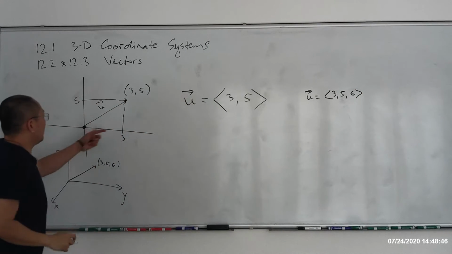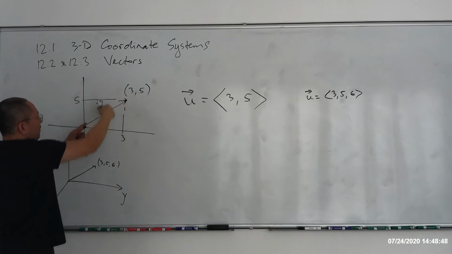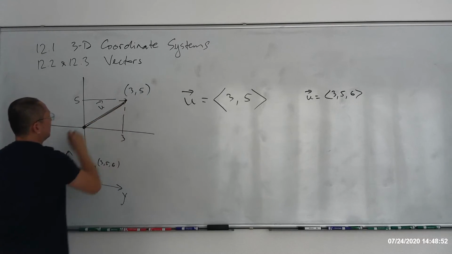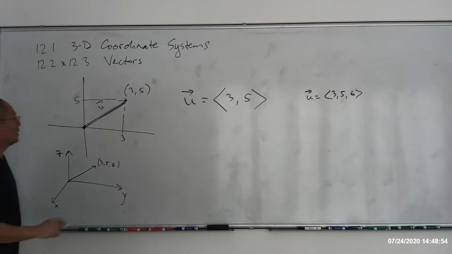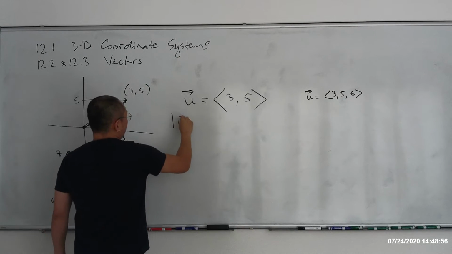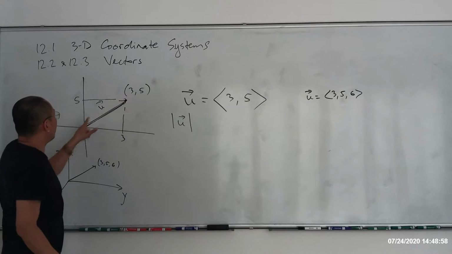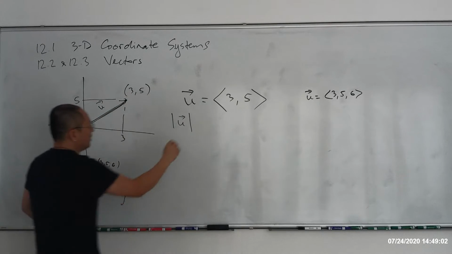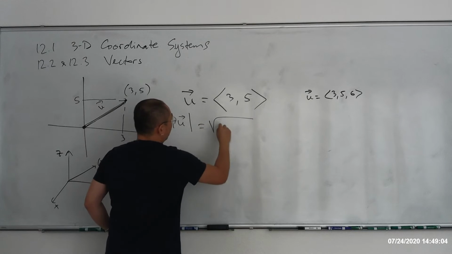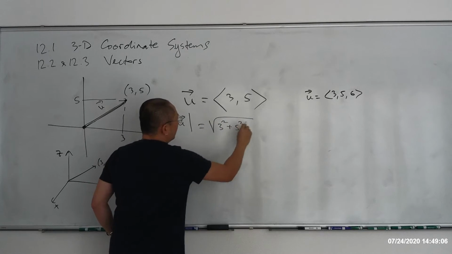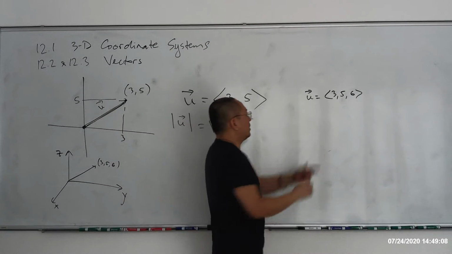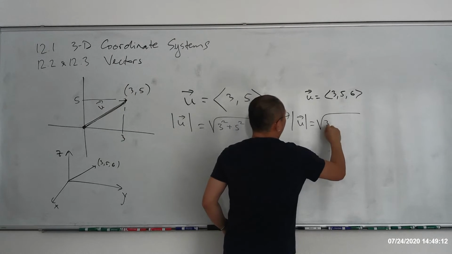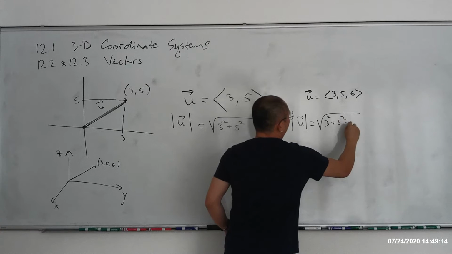So in 2D, how do you calculate the magnitude or the length of that vector? Use the distance formula, right? So magnitude of u is 3 minus 0 squared, which is 3 squared, and then 5 minus 0 squared, take square root. So really, square root of 3 squared plus 5 squared. And similarly, the magnitude of this one is going to be square root of 3 squared plus 5 squared plus 6 squared.